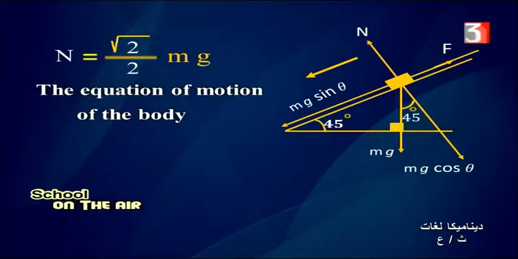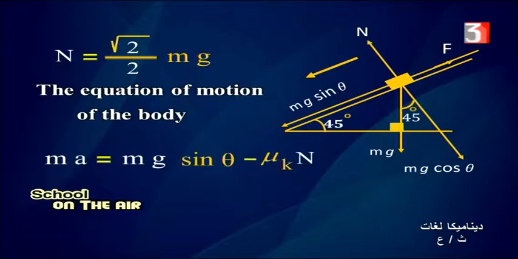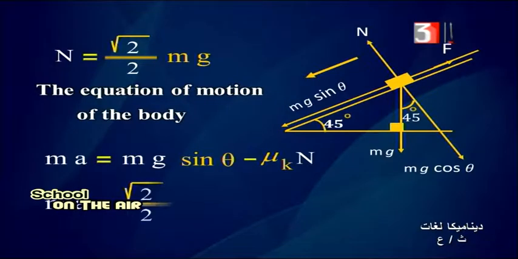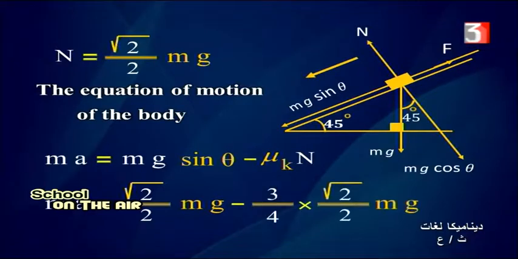Now the equation of motion of the body. ma equals mg sine theta minus mu k N. m is the mass of the body, multiplied by the acceleration, equals sine 45, which equals root 2 over 2 mg, minus mu k, which equals 3 over 4, multiplied by N, or root 2 over 2 mg.